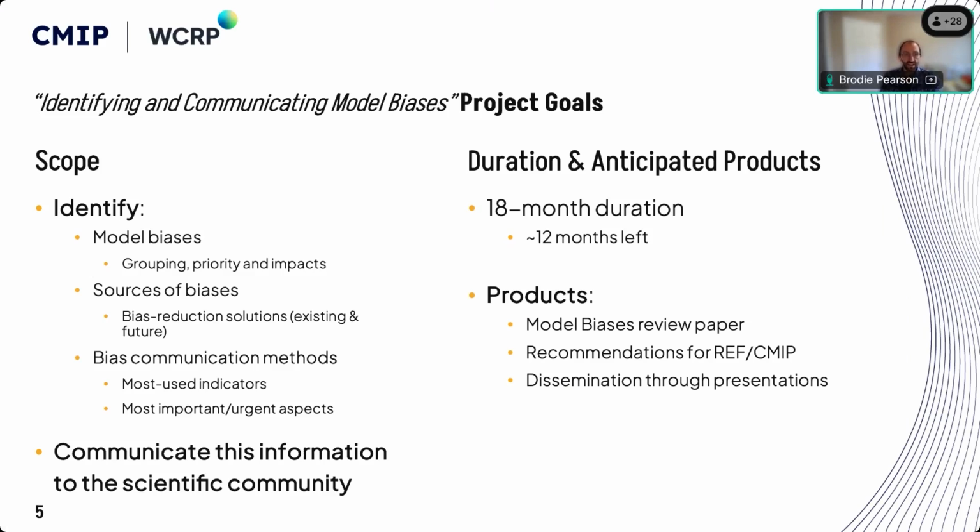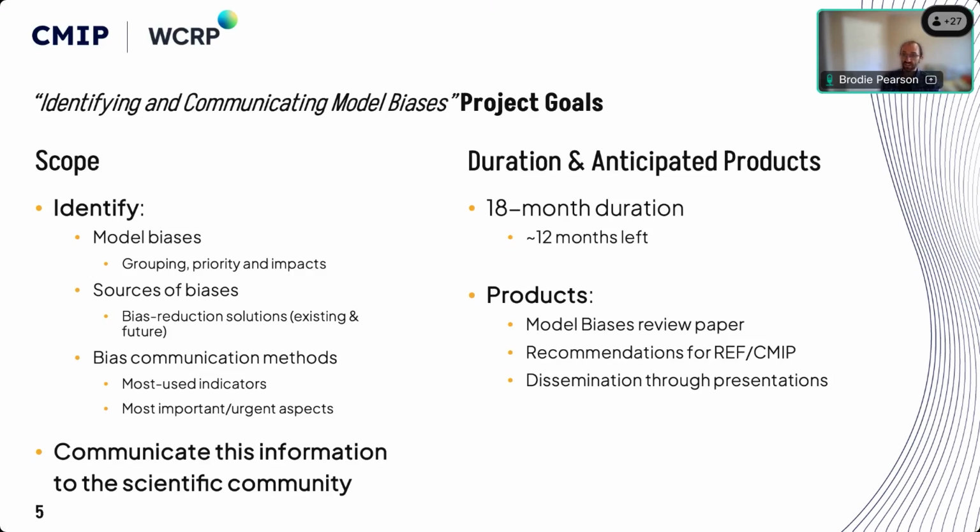We're interested in identifying the sources of those biases. So this helps with planning solutions for how to reduce those biases. And then bias communication methods. So some biases in models are contrasted using raw CMIP variables, kind of global means of properties.